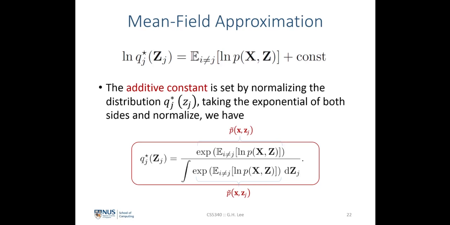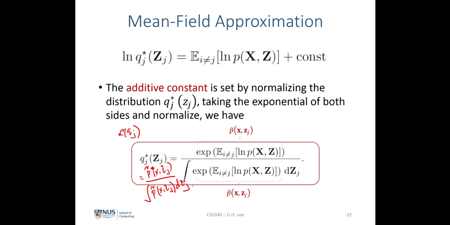So from the proof, we can see that the optimal expression of qj that maximizes the lower bound can be rewritten into this expression, where qj optimal is simply equal to p tilde of x and zj divided by the normalization, the integral over p tilde of x and zj dzj.